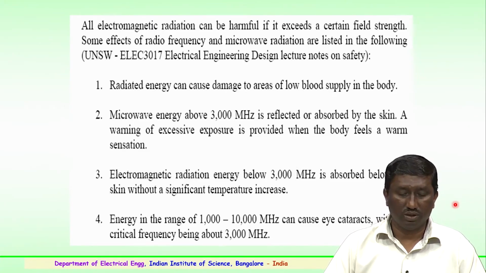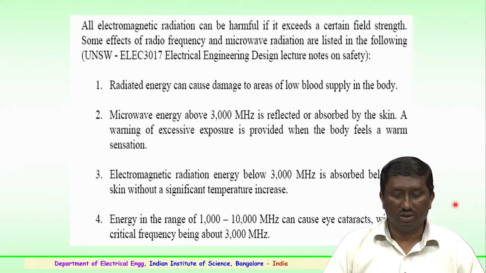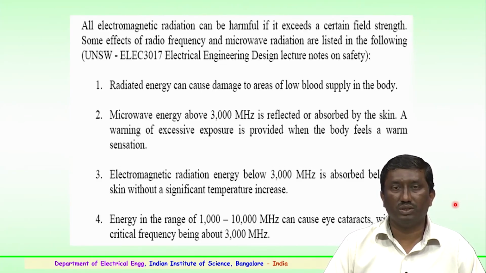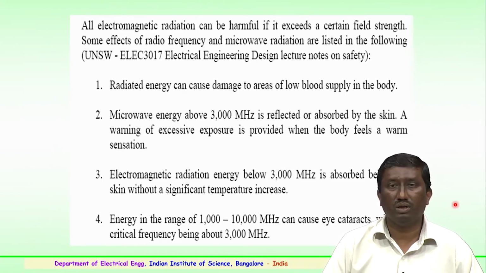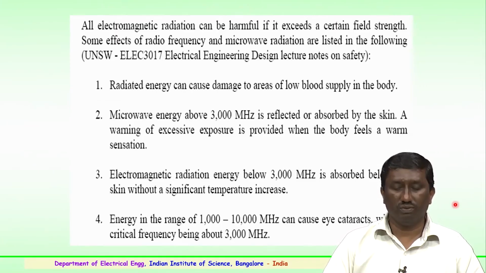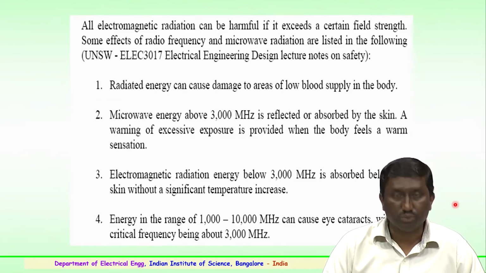So, proper measuring gadgets should be worn by the people who are working in the substations or near the vicinity of the electromagnetic fields, where the sensing devices should be able to give information on the fields being exposed to.